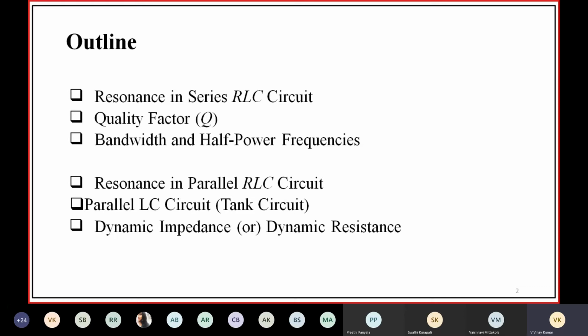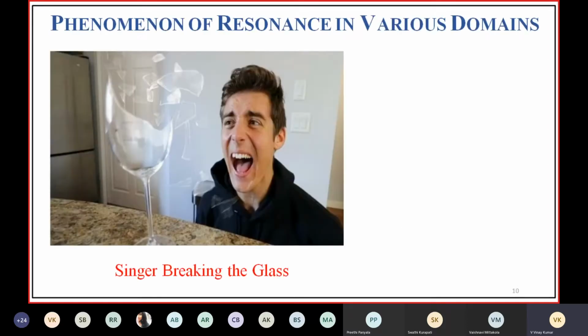Tomorrow we will go for resonance in parallel RLC circuit. In today's lecture, we are going to discuss resonance in series RLC circuit, quality factor, bandwidth, and half power frequencies. Phenomenon of resonance in various domains.